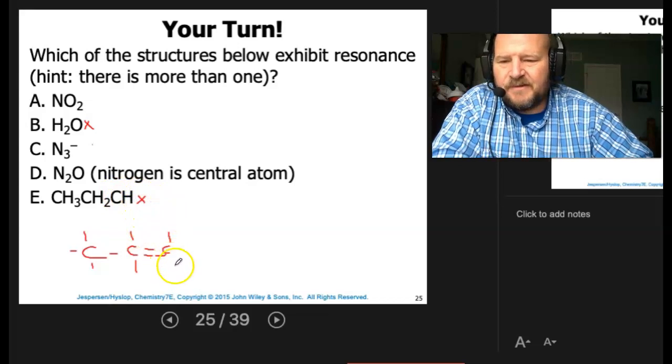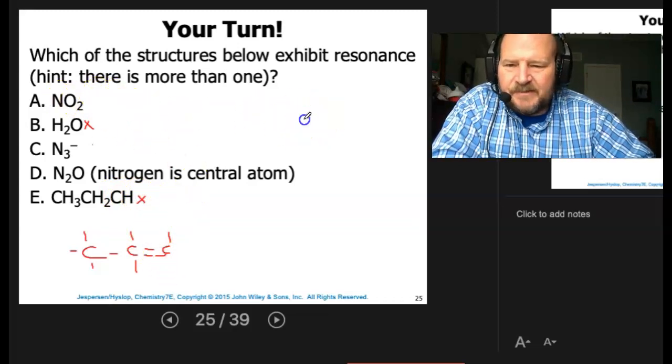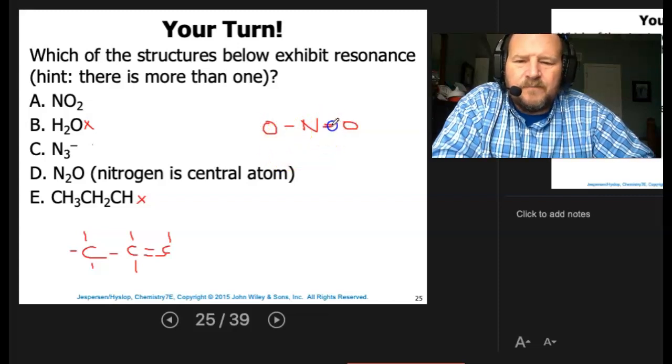Doesn't make any sense. All right, so now we get some nitrogen-oxygen compounds to deal with. So let's see, we have NO2. So we have 5 plus 12. That's 17 electrons. We just used up 4, so we have 13 left.